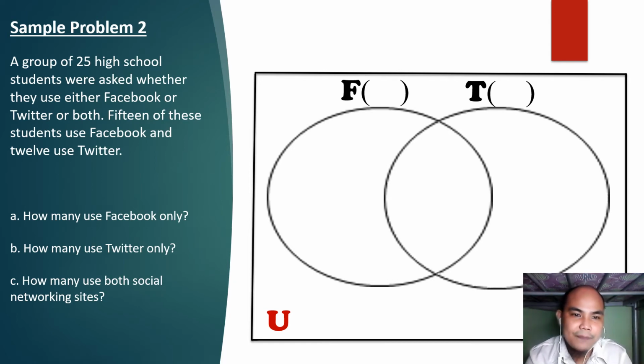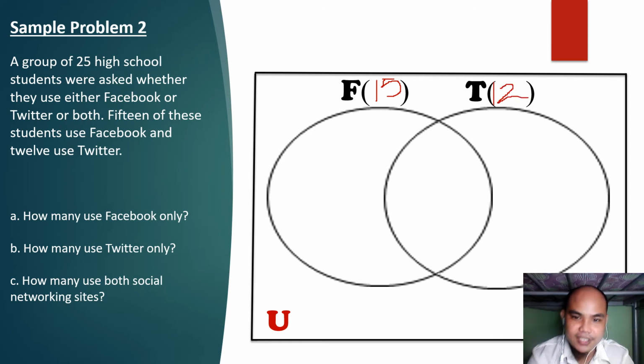How many students use Facebook? A group of 25 high school students were asked whether they use either Facebook or Twitter or both. 15 of these students use Facebook, so there are 15 who use Facebook. How about Twitter? 12 use Twitter.